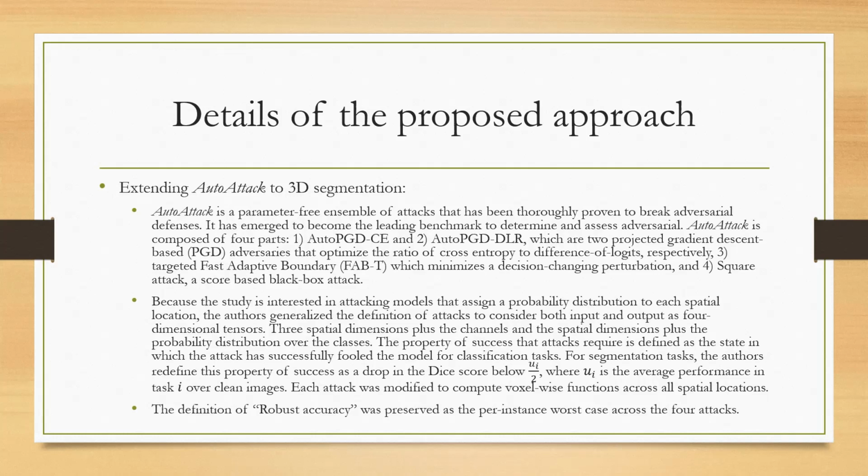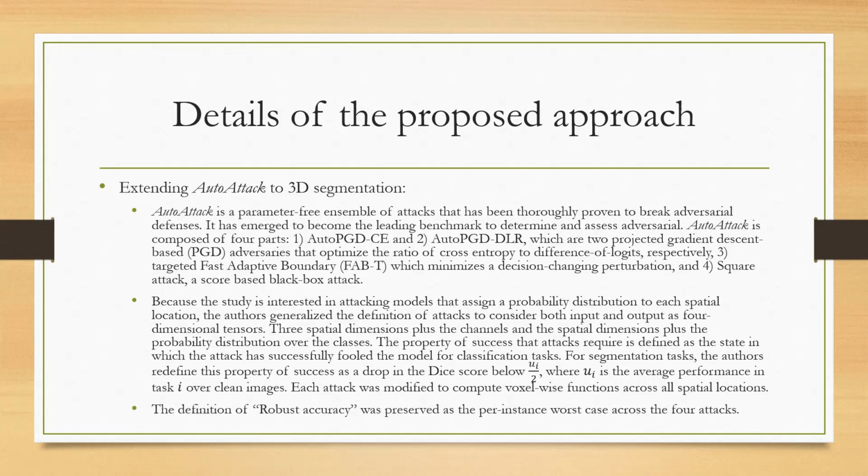So the first two Auto Projected Gradient Descent components, we'll just abbreviate to PGD. These first two Auto PGD components are adversaries responsible for optimizing the ratio of cross entropy to difference of logits. Targeted Fast Adaptive Boundary is a method that minimizes decision changing perturbations. And Square Attack is a score based black box attack.